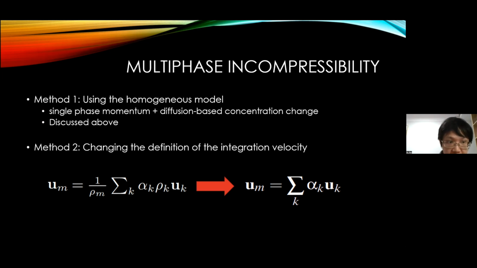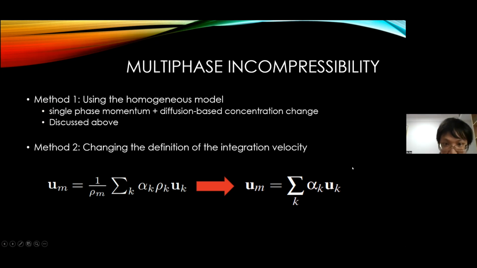The second method is that we change the definition of the integration velocity from the original, which is balanced by mass, or what we can call the mass-weighted integration velocity.